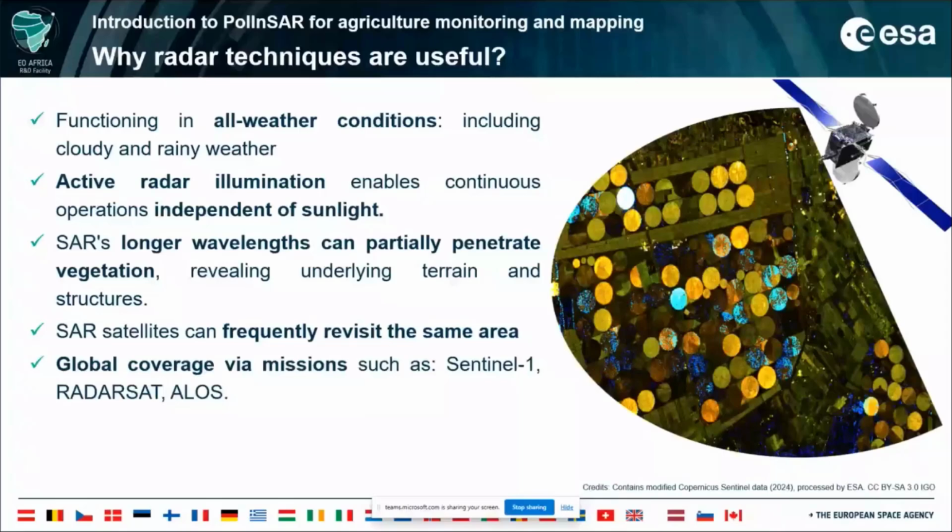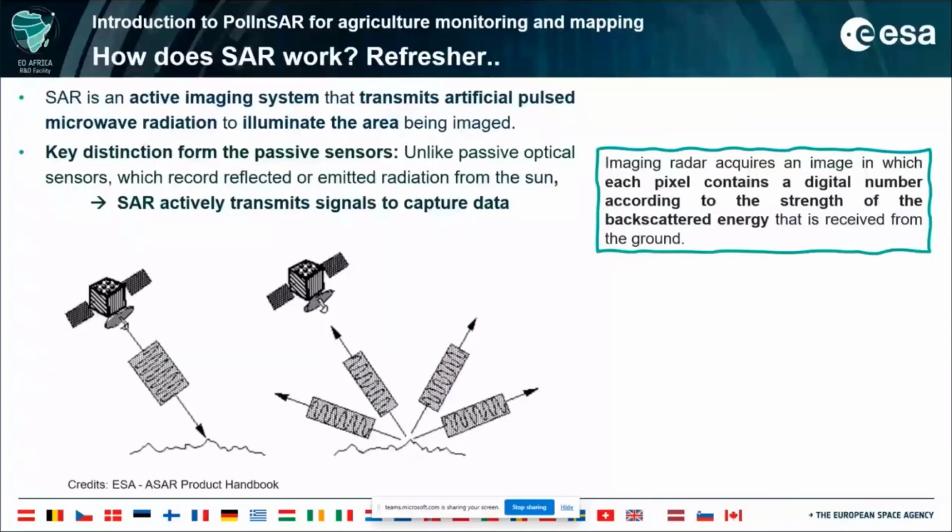Just very briefly, SAR is an active imaging system, as I mentioned before, and it transmits artificial pulsed microwave radiation to illuminate the area being imaged. The microwave pulses interact with scatterers on the ground, which are objects located on the ground, which return some of the energy.